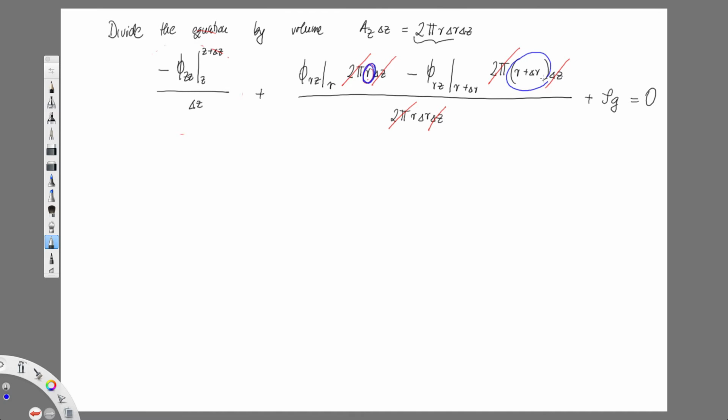So I actually have to make this inside the function because I have a dependence on r. So it's actually phi rz times r evaluated at r and r plus delta r, because my area was a function of r as well.